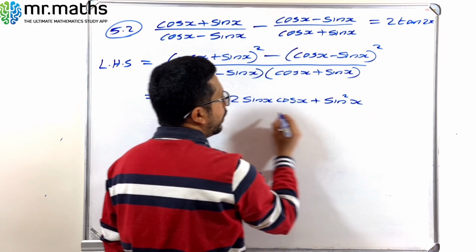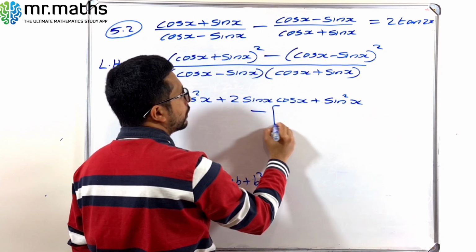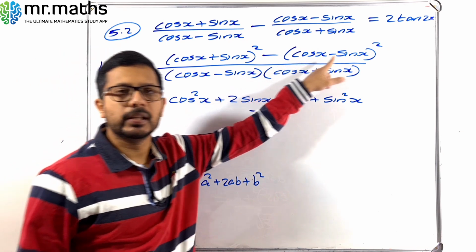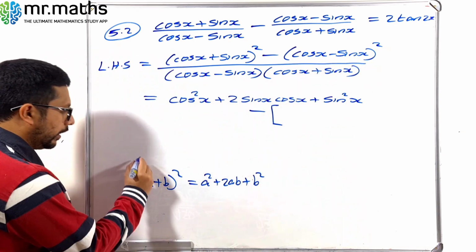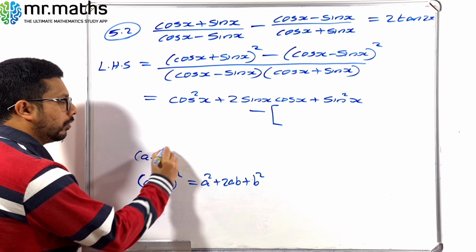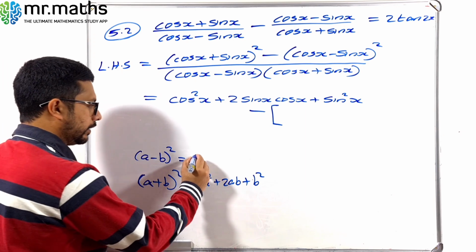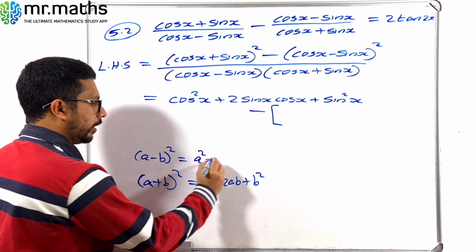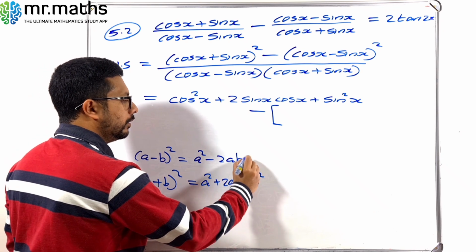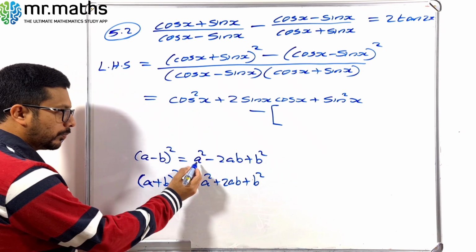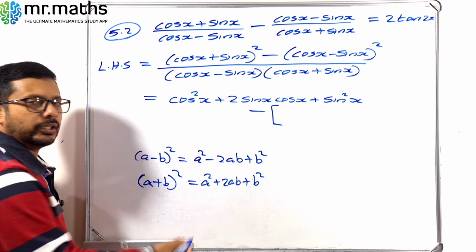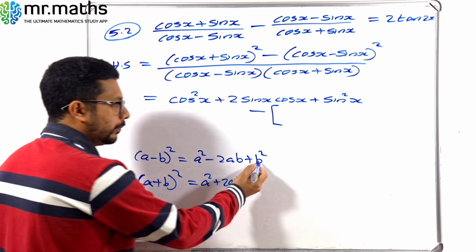Then minus. So similarly we can expand this one, cos x minus sin x the whole square. What is that one? A minus b the whole square. How can you expand that? A square minus 2ab plus b square. First term square minus 2 into a into b plus b square.